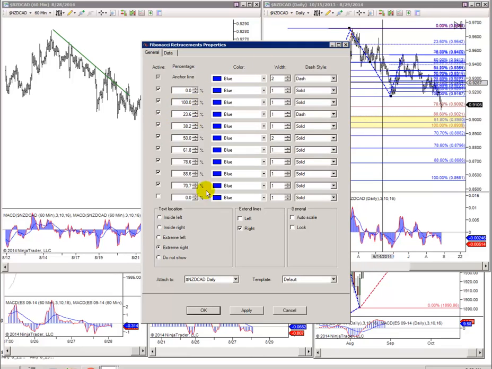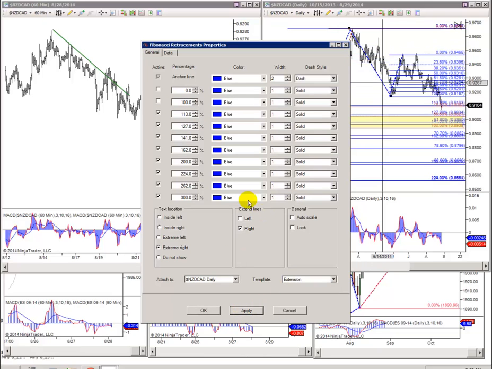All right, so we're going to take this, we're going to look at an extension to the downside and see where that information comes in. So we can see the 1272 and the 162. And let's get rid of, we'll keep the 200, we'll get rid of this.